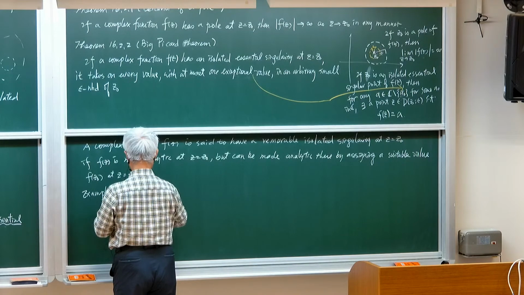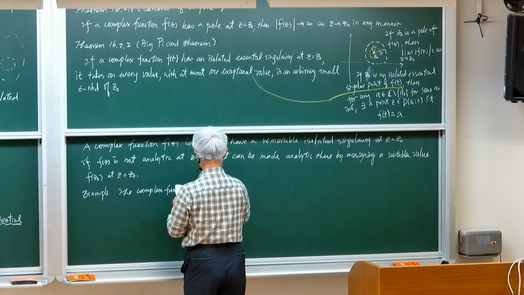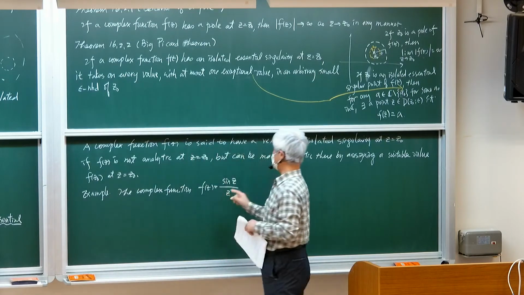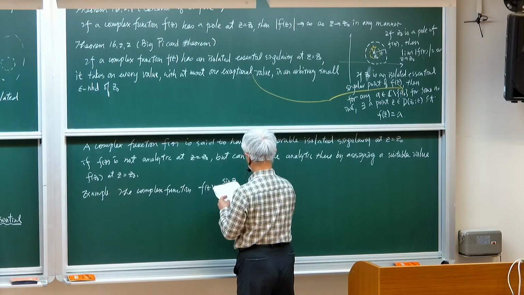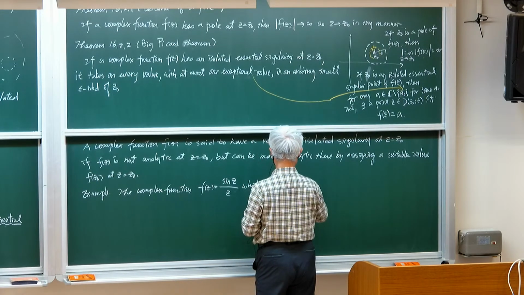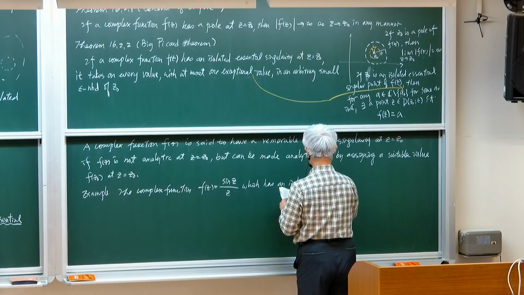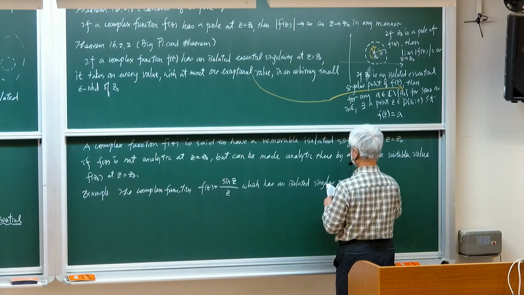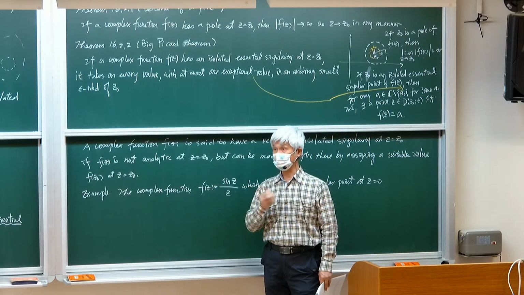So the complex function f of z defined to be sine z over z, which has an isolated singular point at z equal to 0, which is not defined at z equal to 0.